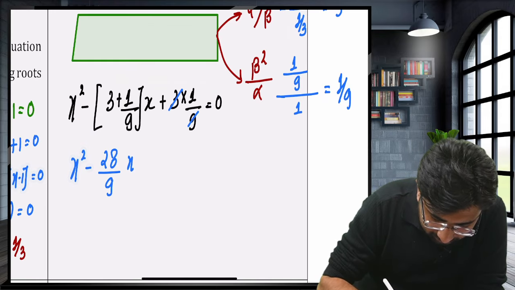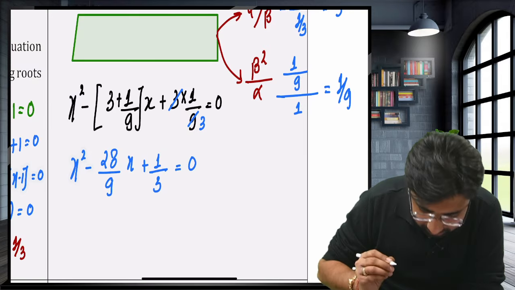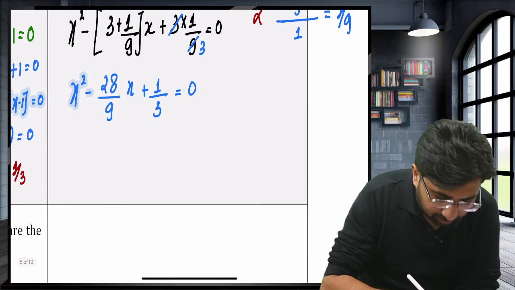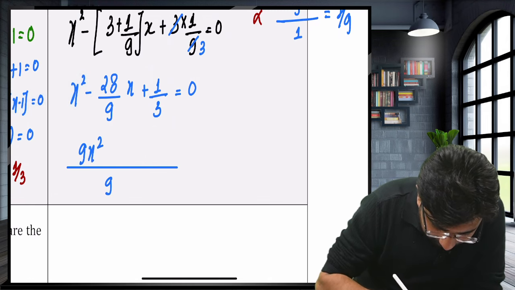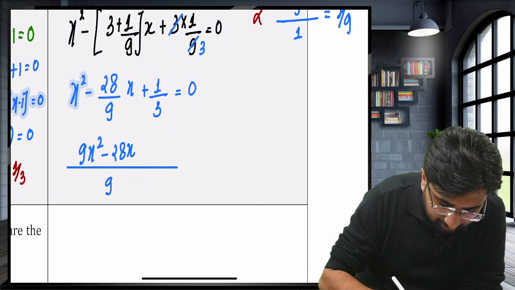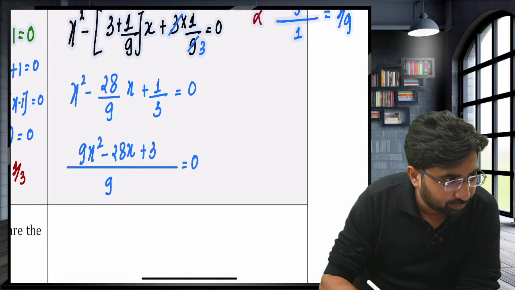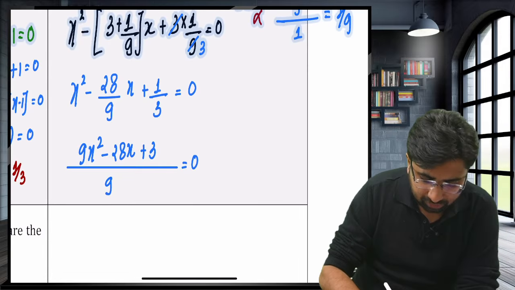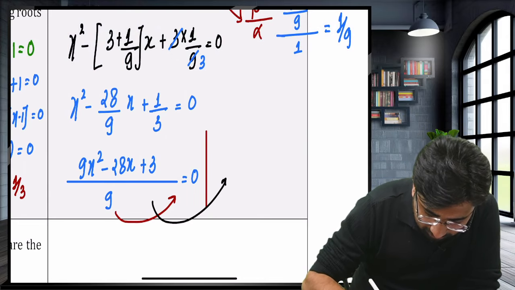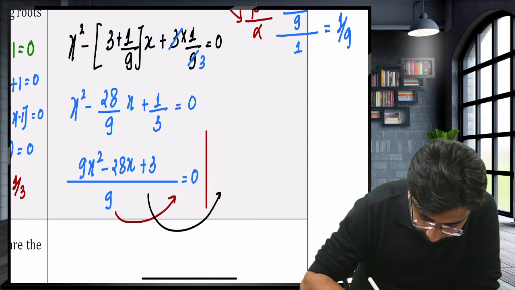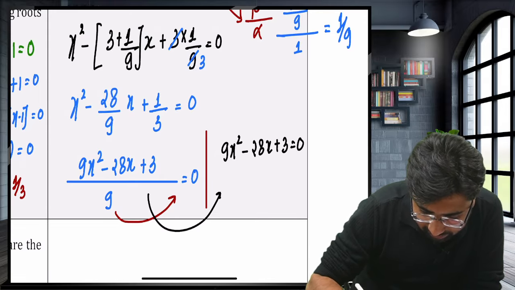This will cancel, 3 3s are 9, plus 1 upon 3 is equal to 0. What will be the LCM? We will take the LCM as 9. 9x square minus 28x plus 3 is equal to 0. Multiplying by 9, and 9 into 0 is 0. And finally, the equation will be 9x square minus 28x plus 3 is equal to 0.